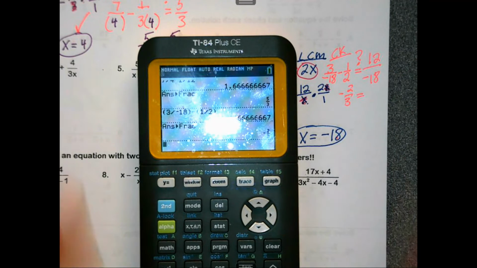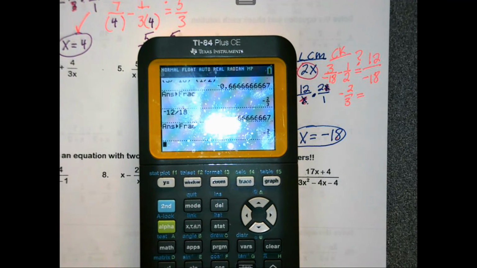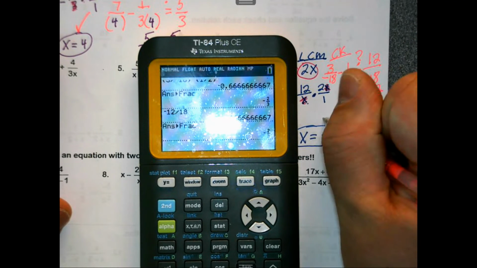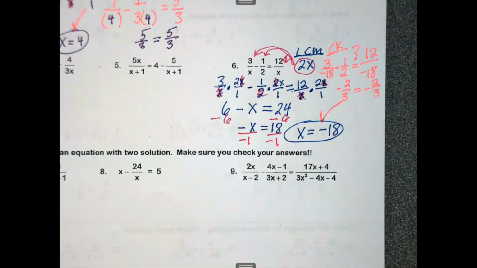And I know 12/18 can be reduced. So negative 12/18, hit enter, math, enter, enter. And sure enough, I get negative 2/3. So negative 18 checks.